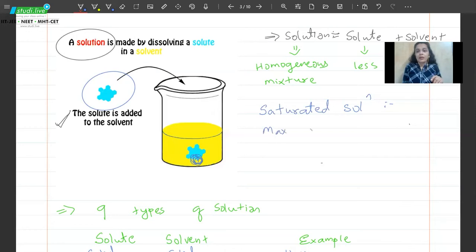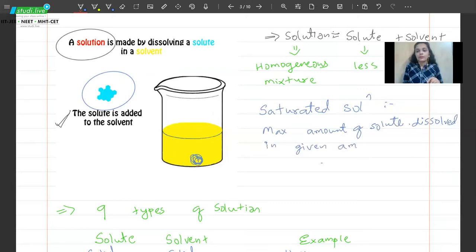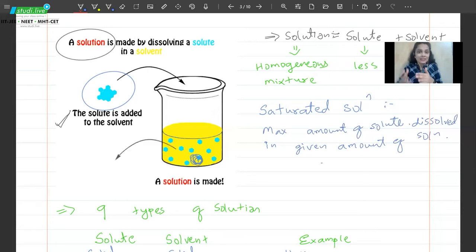Yes or no? So the maximum amount is there. No more solute is going to dissolve in the given amount of solution if we keep on adding it.